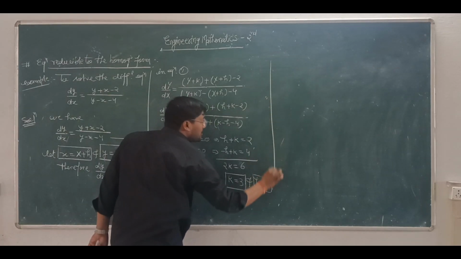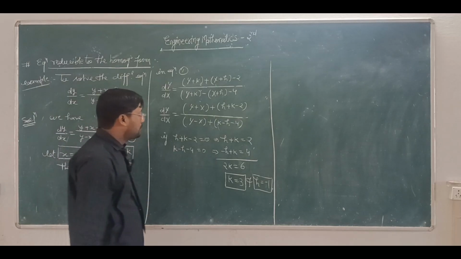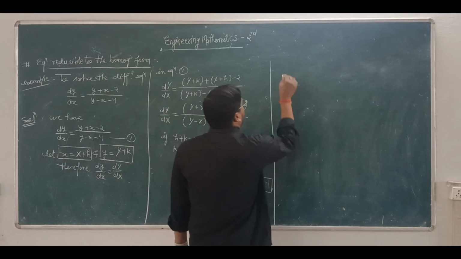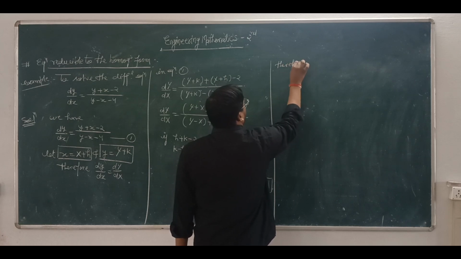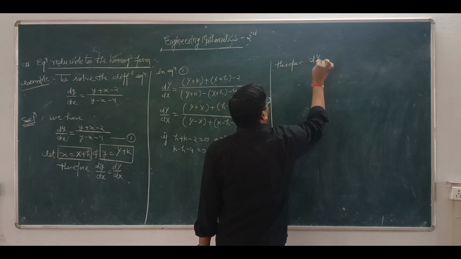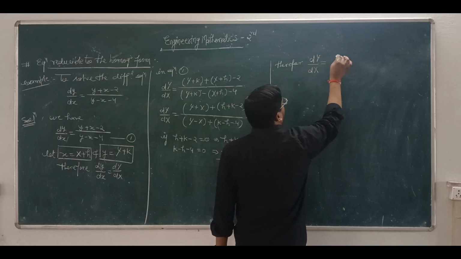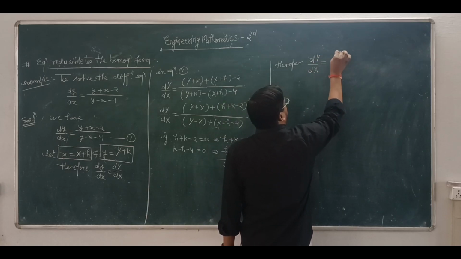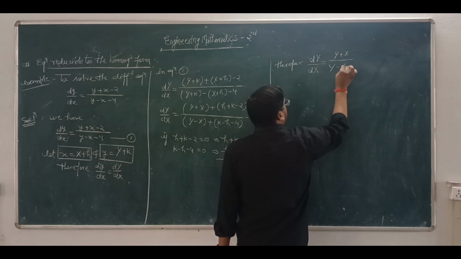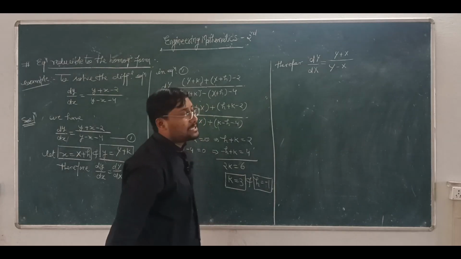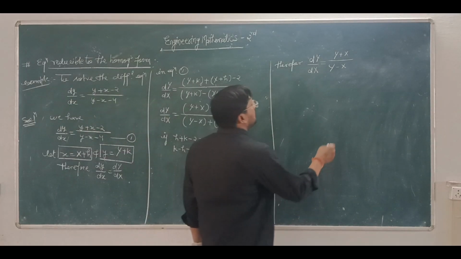Now you can write, therefore, d capital Y upon d capital X is equal to capital Y plus capital X total upon capital Y minus capital X. This is a homogeneous differential equation.